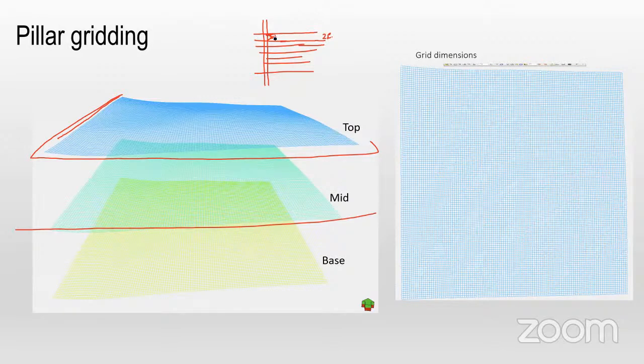Based on the logs, you have different data. For example, if this is a 2 feet interval and the data of the log are half a foot, you must average those data and assign just one value to each cell.